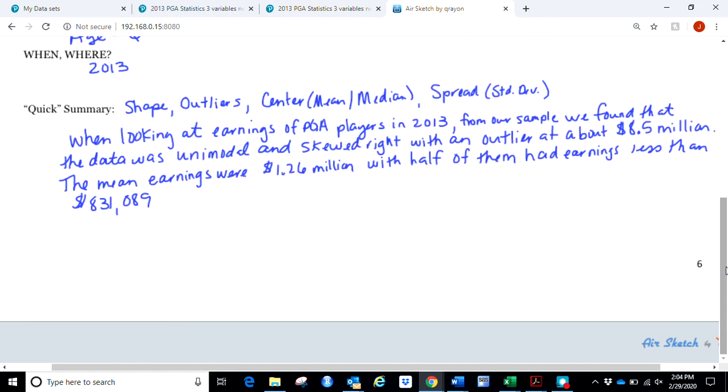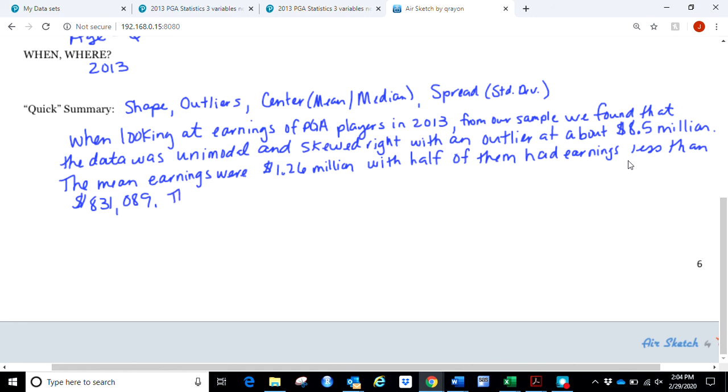So now we have center covered. I could have also said half of them had earnings more than this number as well, since the data set is cut in half by the median, so half's below it and half is above it. So that would be perfectly fine as well.